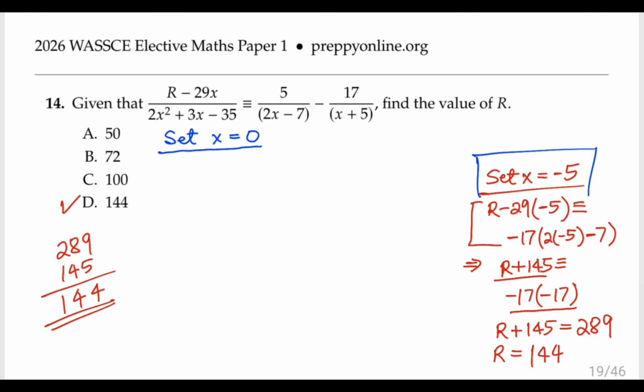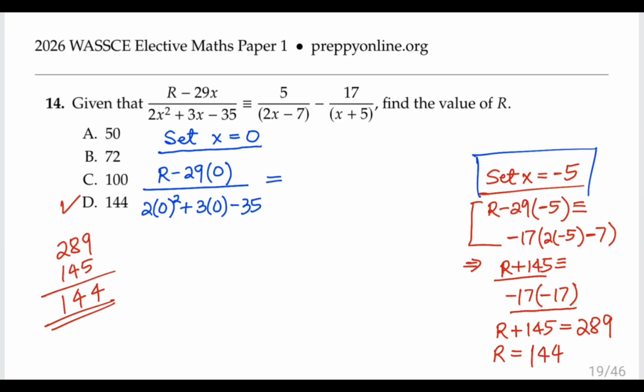So let's see if setting x equal to 0 helps us. We're going to get r minus 29. So here I'm going to write the 0. And then in the numerator, we're going to have 2 times 0 squared plus 3 times 0 minus 35.